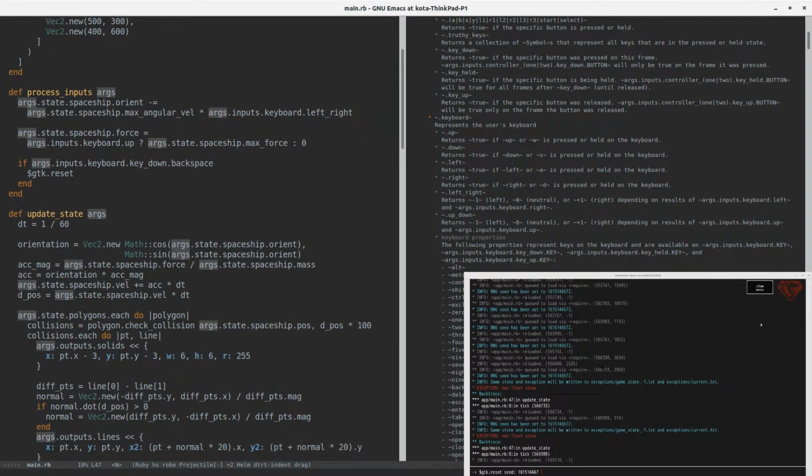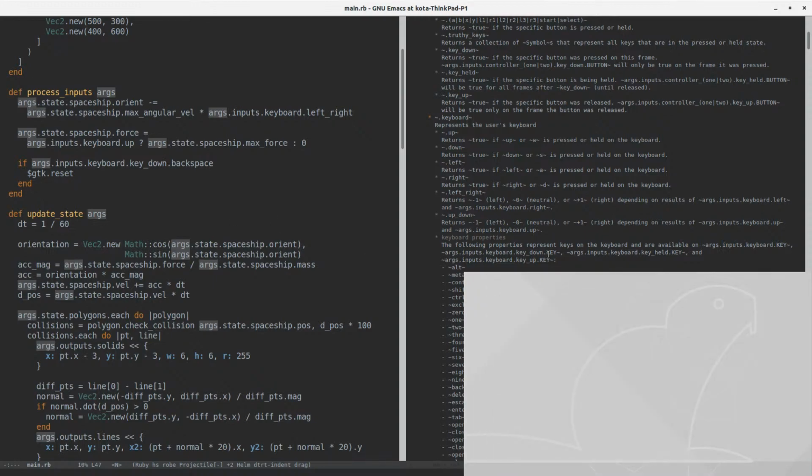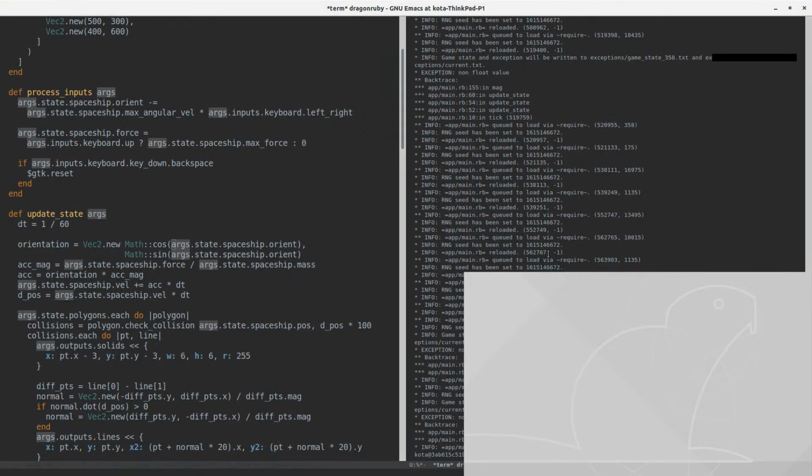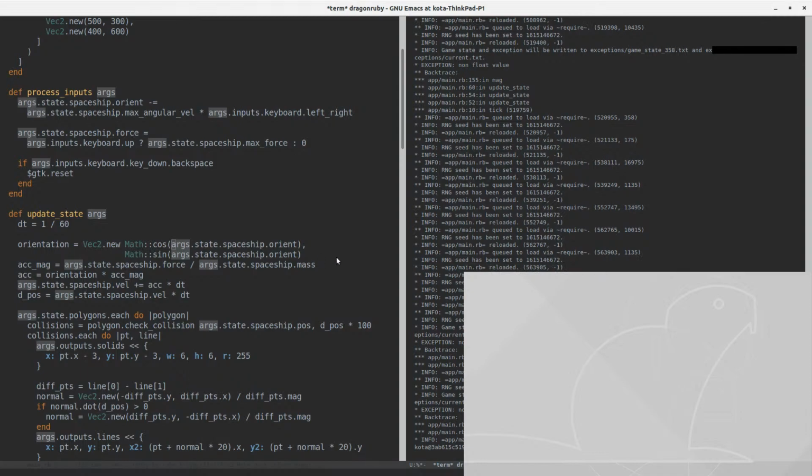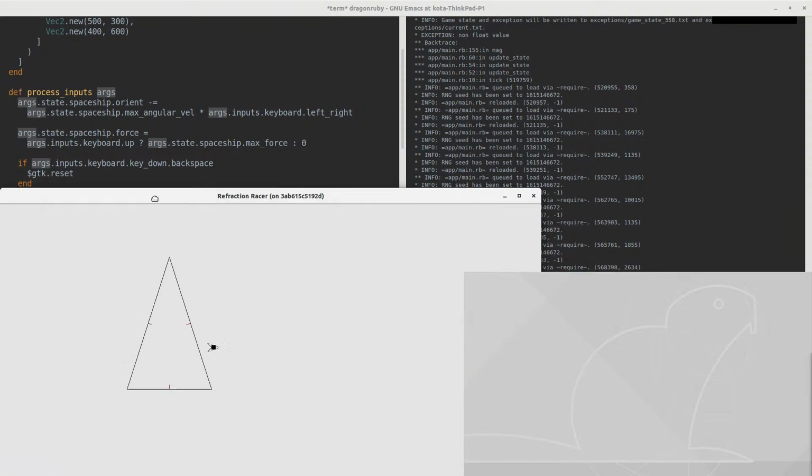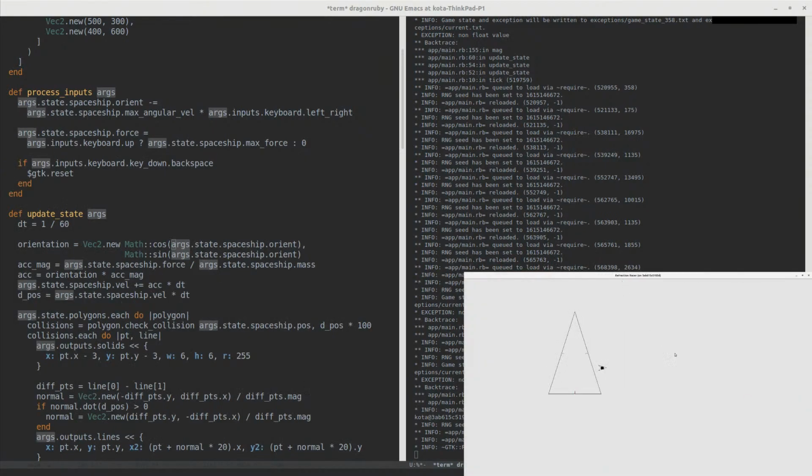That looks correct to me. Okay, why don't we just try, every once in a while I end up having to reset this.